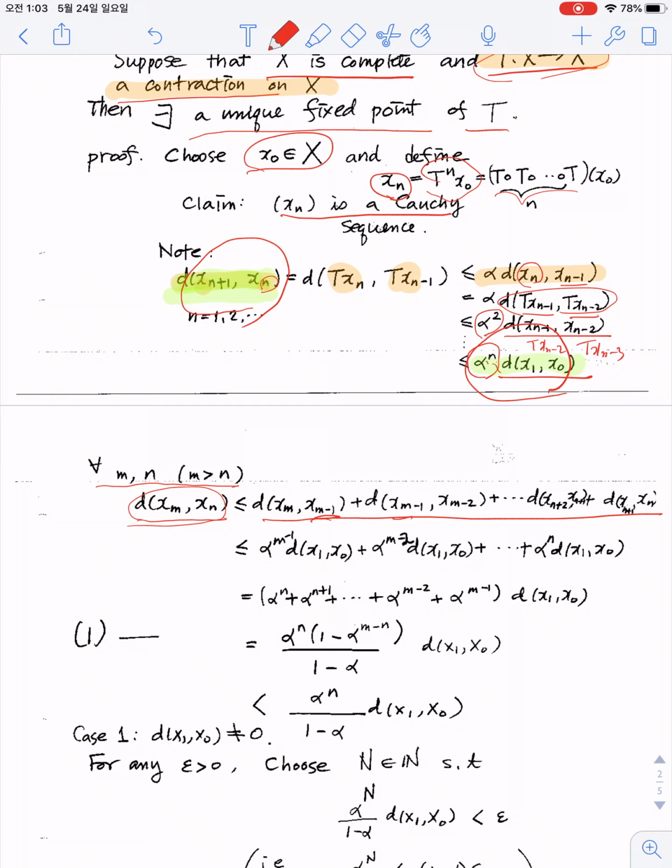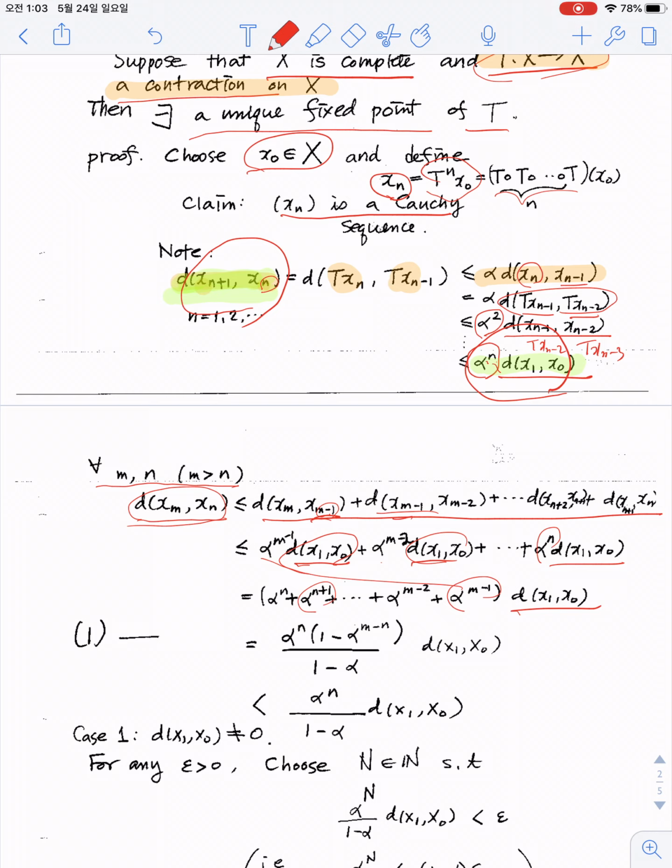So this index alpha to the n-1 d(x1, x0), and then here alpha to the n-2, and so on. And then you take a common factor outside. So we have this one.